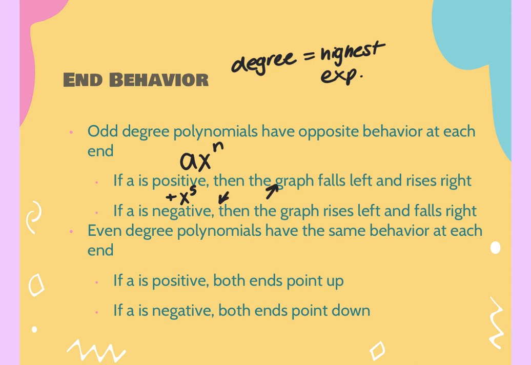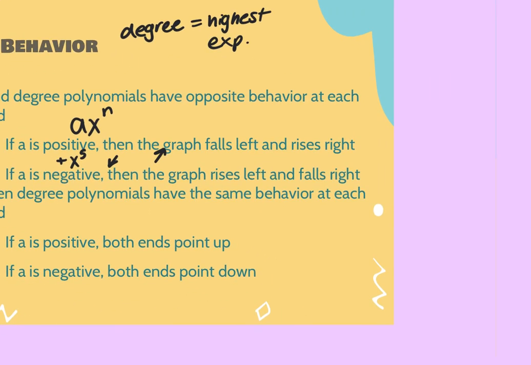We don't know yet what's happening in between, but we know the arrows at the ends are doing that. If the a is negative, then the graph rises to the left and falls to the right. So if it is a negative x to the 5th, it's going to rise to the left and fall to the right. Again, it can go up and down in between. This is just the end behavior.